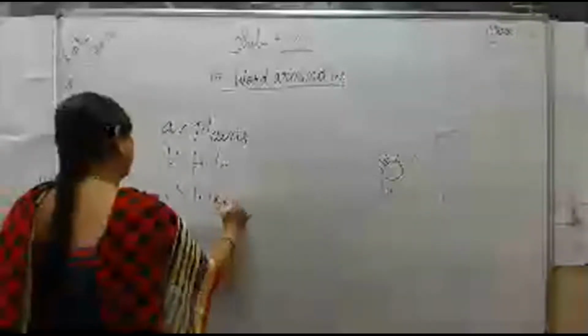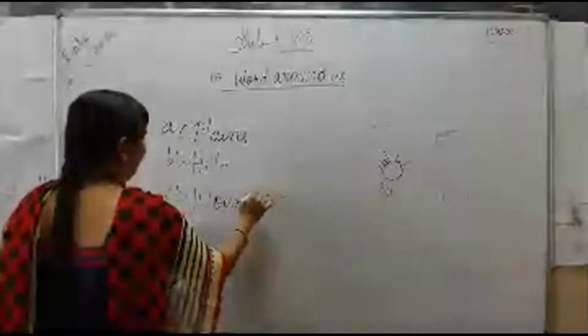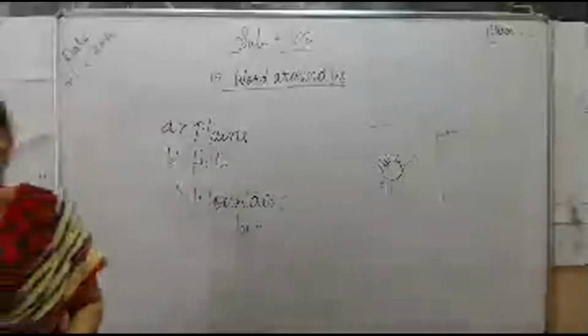Mountains. Valleys. These are the different forms of land.